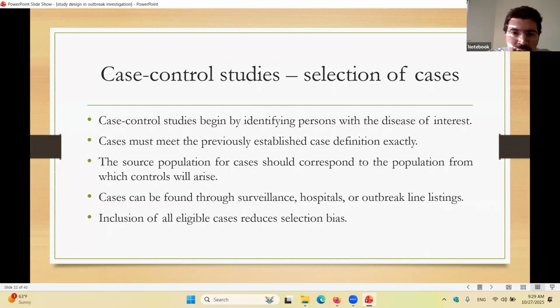Of course, in outbreak investigation, the cases are more clear than in other situations, and therefore we have no problem in outbreak investigations. And cases can be found through surveillance, hospitals, and outbreak line listings. Therefore, we can select non-cases from these sources, from surveillance, from hospitals, and from outbreak line lists.